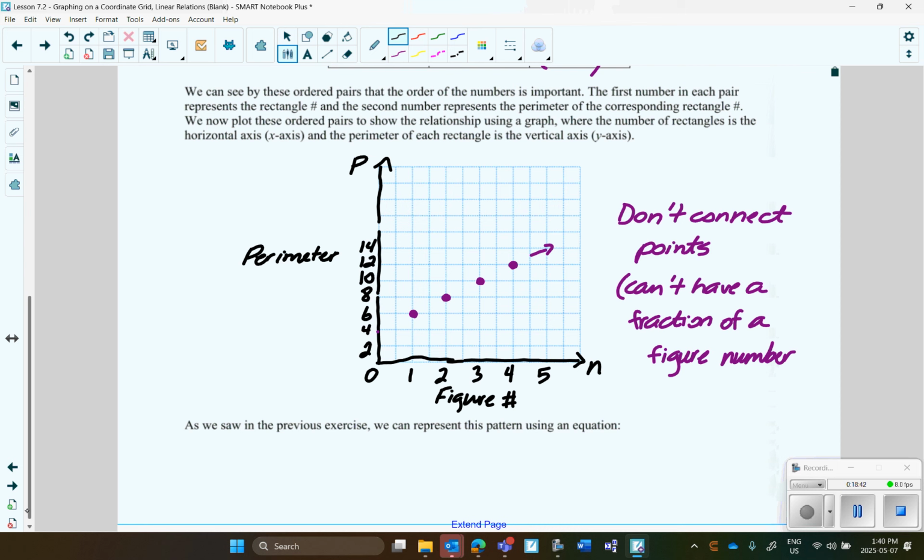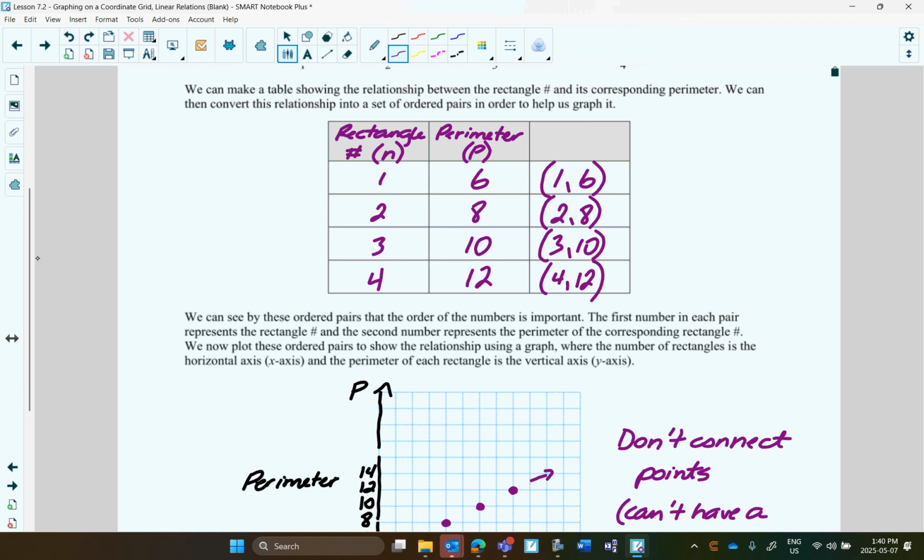Remember in the previous exercise, we talked about how to write an equation. What's the equation of this? How do I calculate the perimeter? Remember how to find the equation? How much are we going up by? The perimeter goes up by 2s.